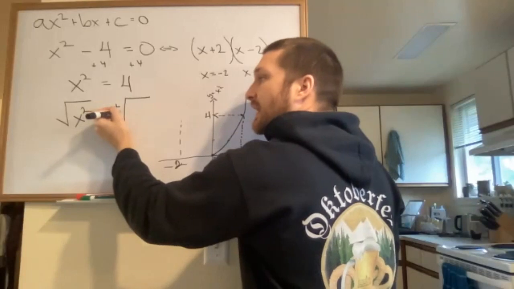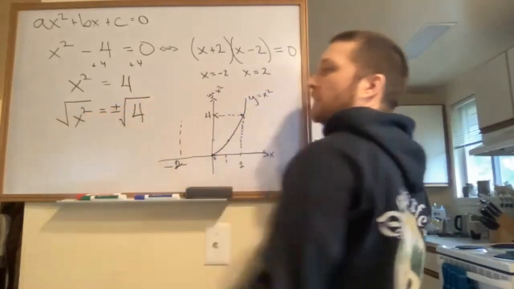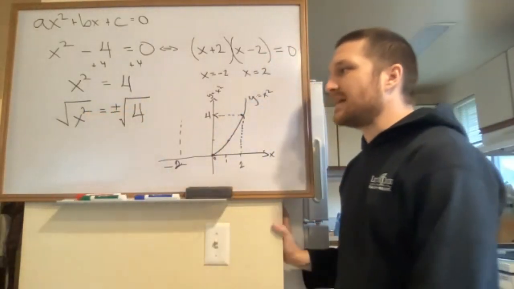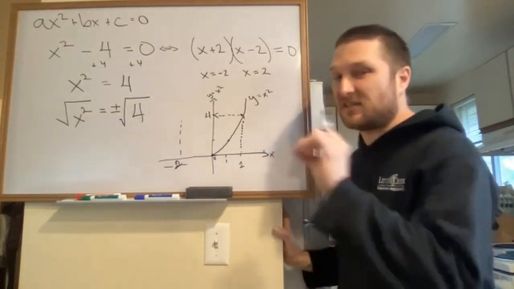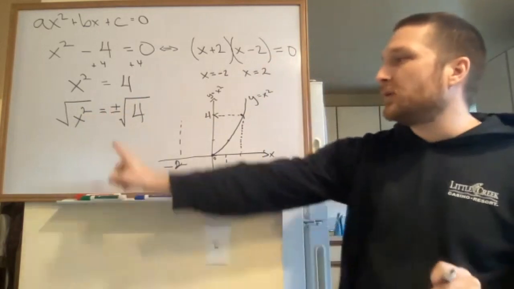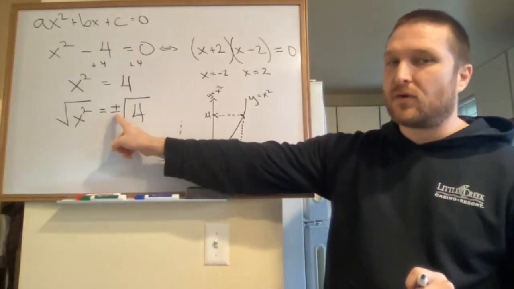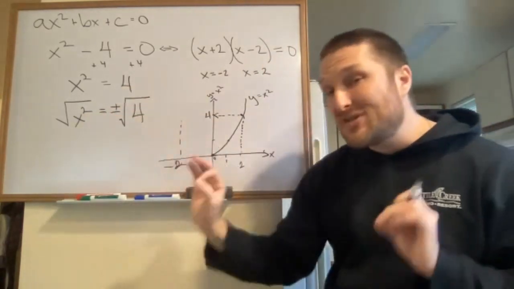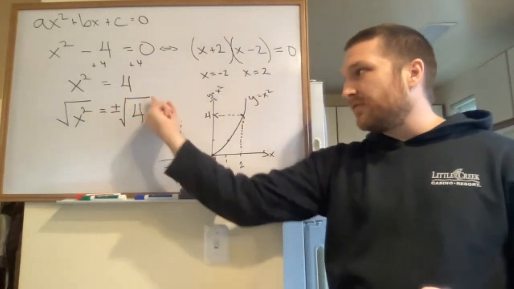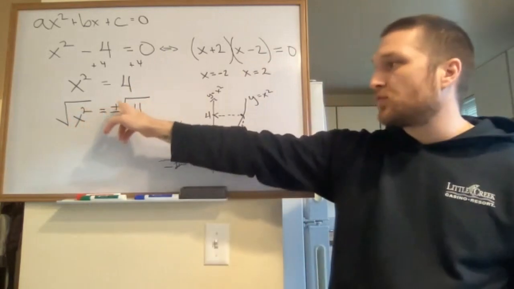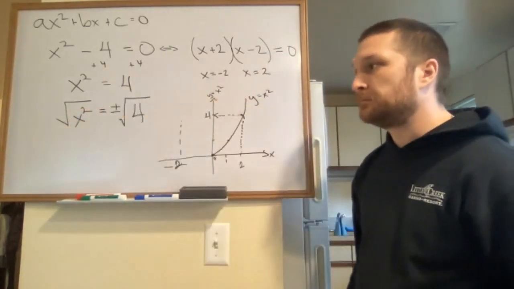So I'm going to write a plus and a minus right there. So that's like dogma from now on. Whenever we take a square root, we have to include both possibilities of where it came from. The way to do that is on the side with your actual values, not your x value, you just write a plus minus in front of it.